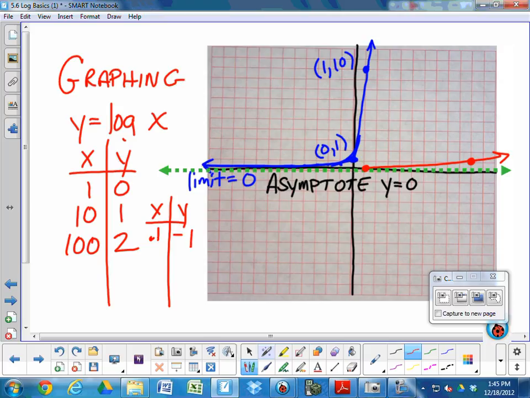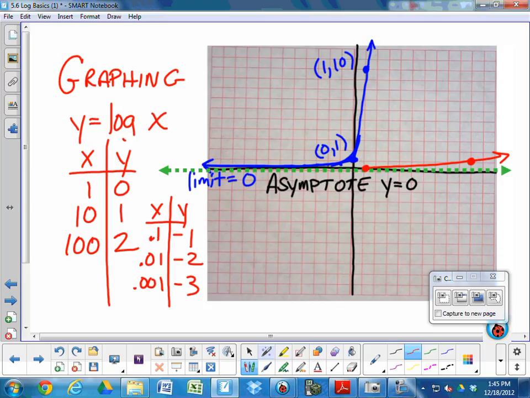Then 0.01 comma negative 2. Then 0.001 comma negative 3. The x's and y's from the graph of 10 to the x all get flip-flopped for log x. They're inverses.